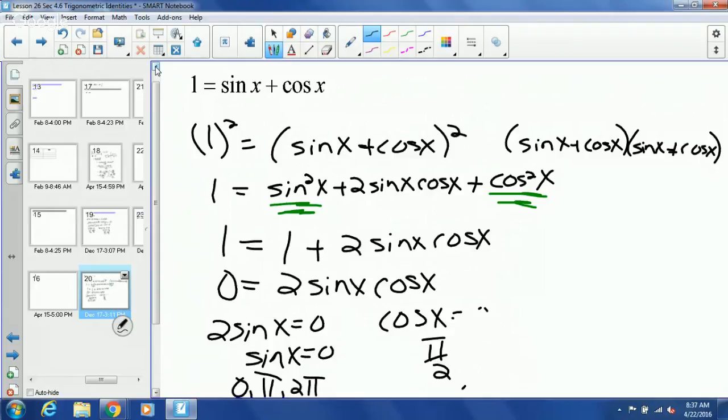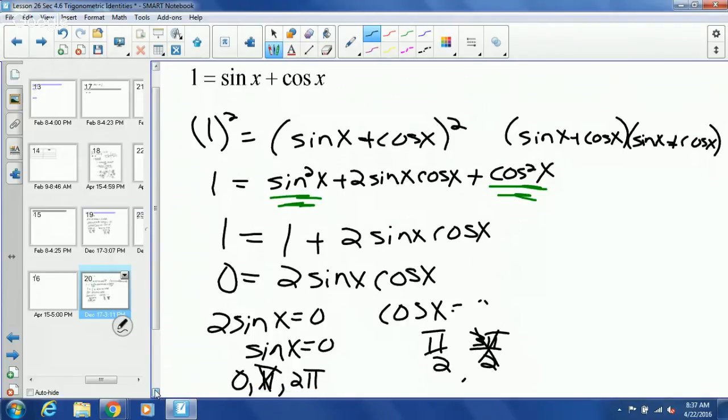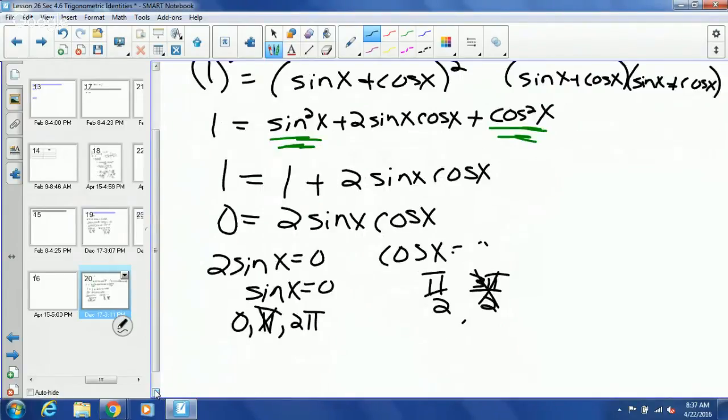So that was 3 pi over 2, right? So that one's gone, right? What else is gone? Yeah, pi is gone also. So my final answer to this one should be 0, 2 pi, and pi over 2. Okay?